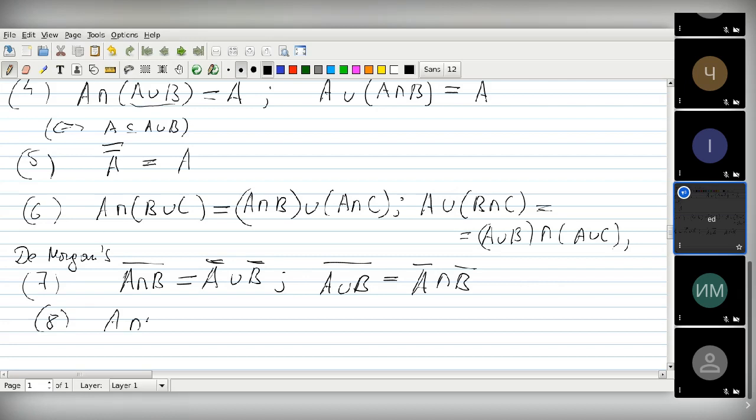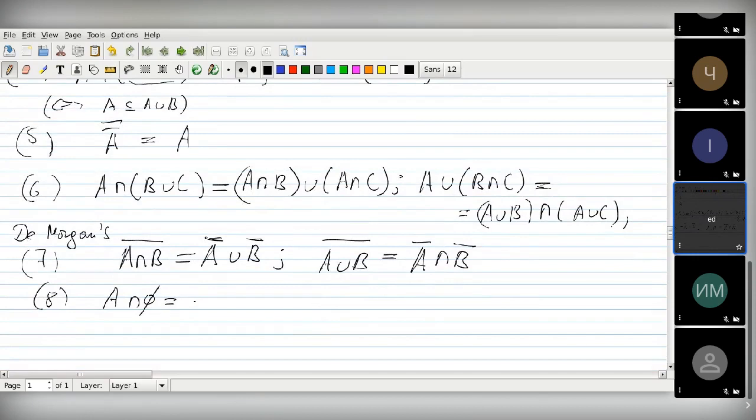A intersected by the empty set is? What are the common elements of A and the empty set? Empty set. There is no such elements. If you take the union, A won't change.